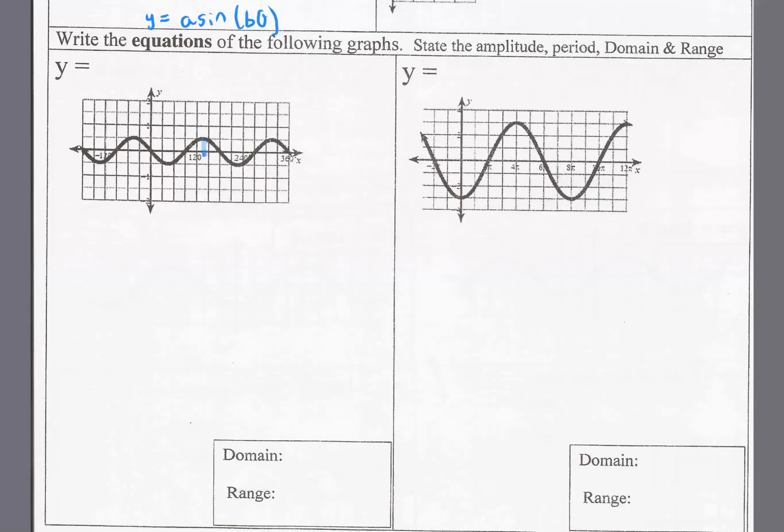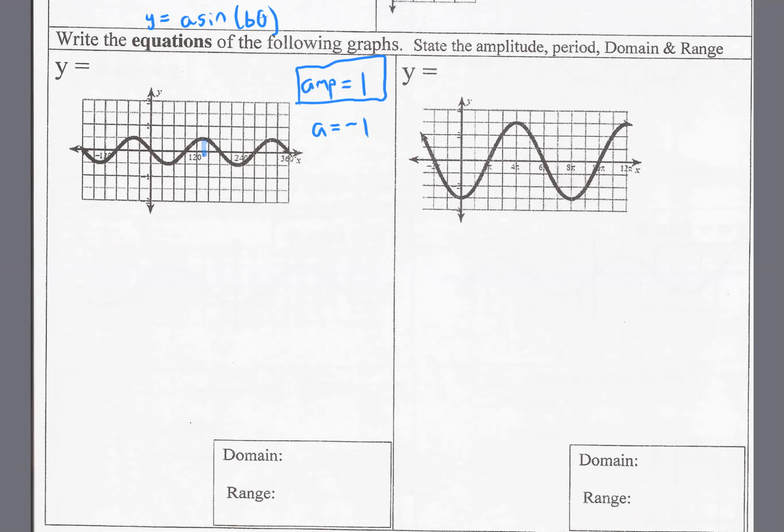Be careful here, though. Even though the amplitude is 1, if you look at the graph, it's a sine graph, it starts out going down from the origin. So what does A equal? -1. Good, because it's going down from the origin. Wait, -0.5? Wouldn't it be negative 0.5 based on the y-axis?